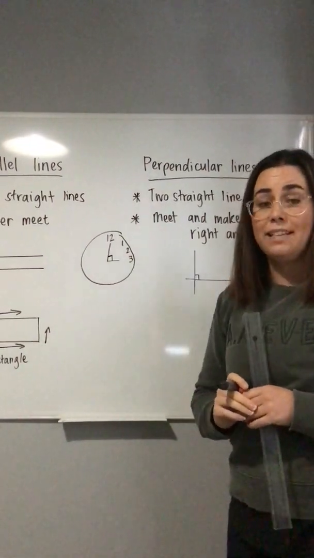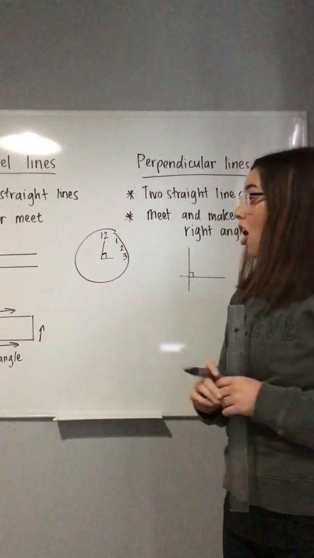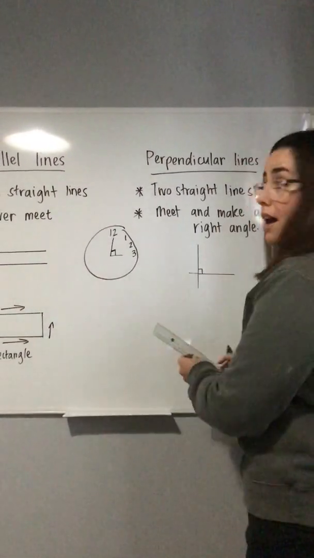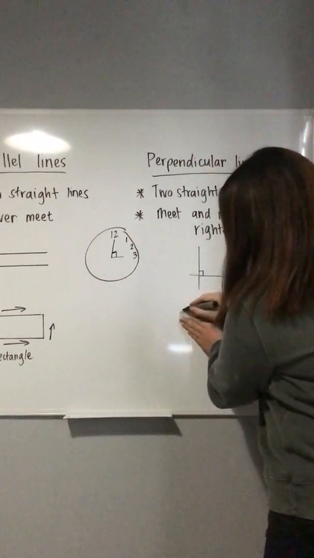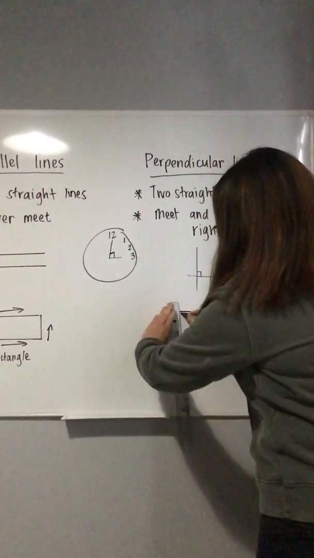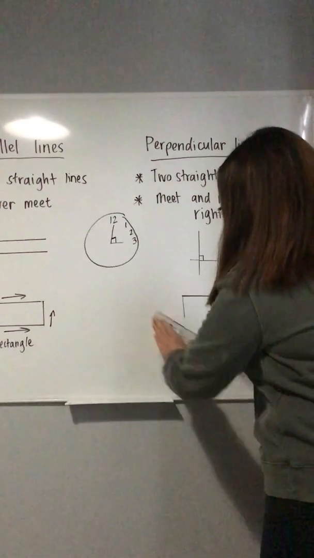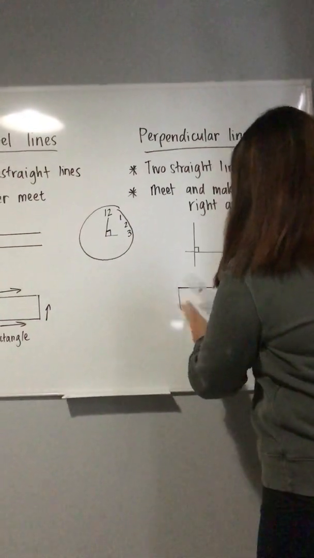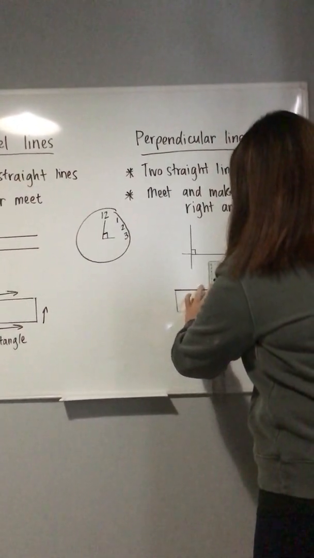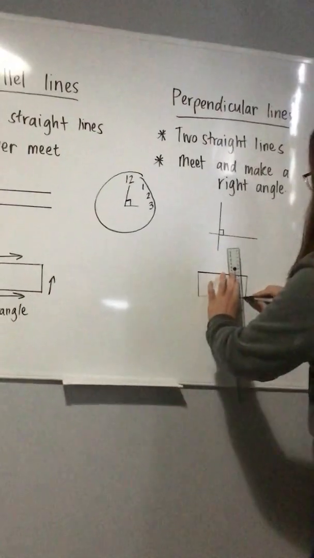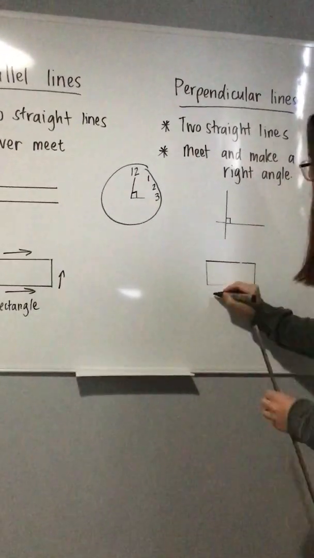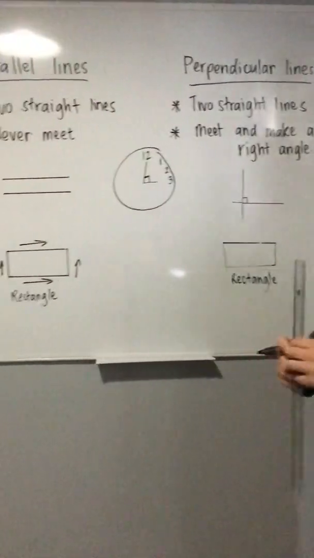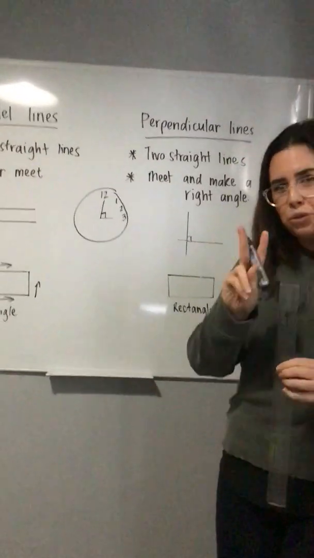Now, perpendicular lines can be found in shapes also. I'm going to draw a rectangle again over here, so you can do that on your page as well. So we're going to line up the top, down the side, other side. Now, a rectangle has two parallel sides.